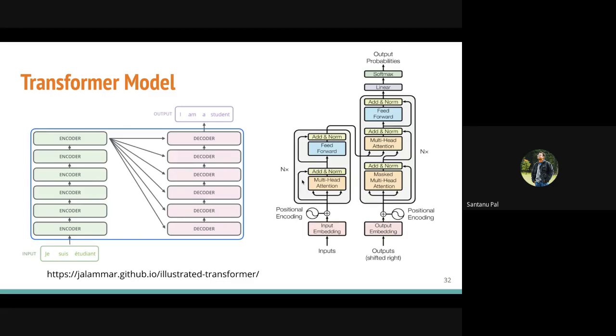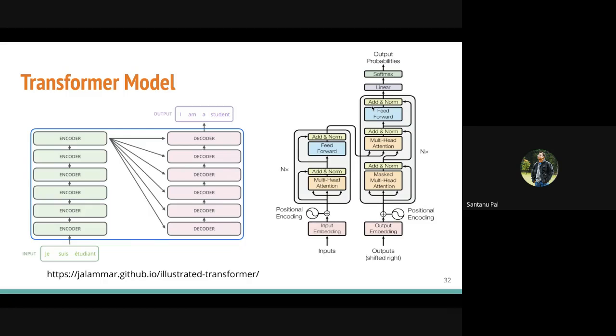The decoder is similar, it takes the decoder input sentence, and then performs cross attention, so across the languages. It is called cross attention. The calculation is the same as self-attention, but the query comes from the decoder, and then finally it generates the output.